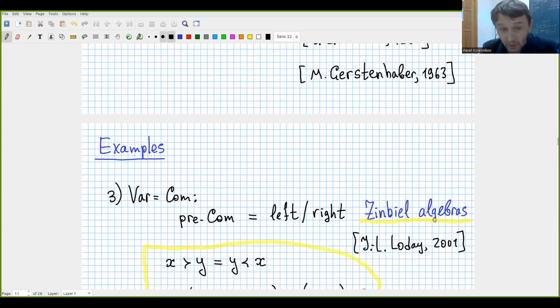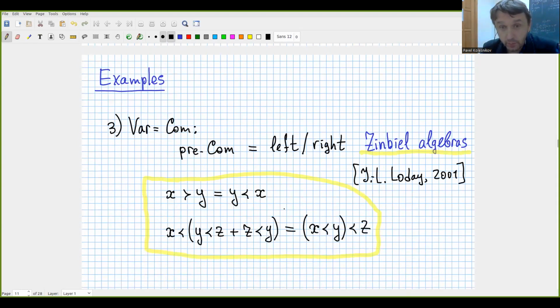And the third example: if we apply dendriform splitting to commutative algebras, associative and commutative algebras, then again we need only one operation, because the commutative operation is just symmetric.